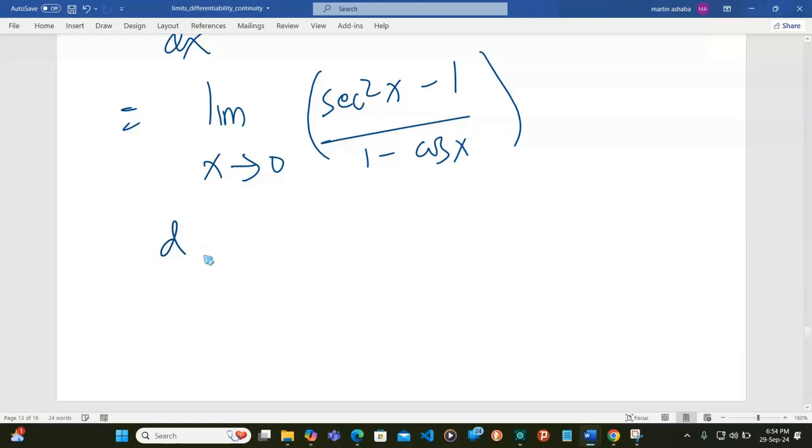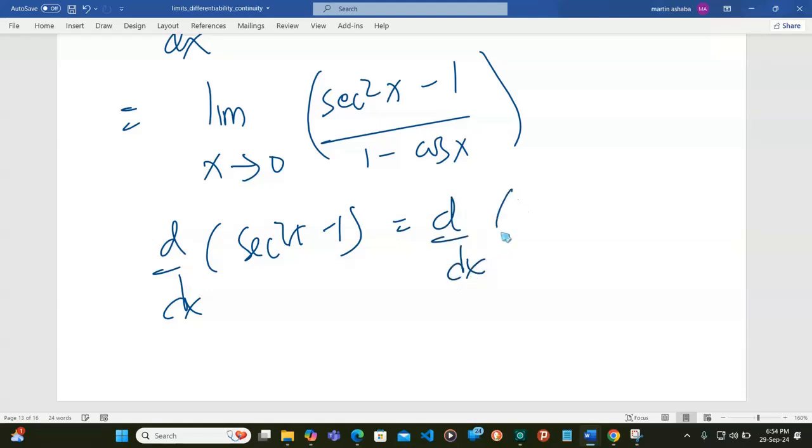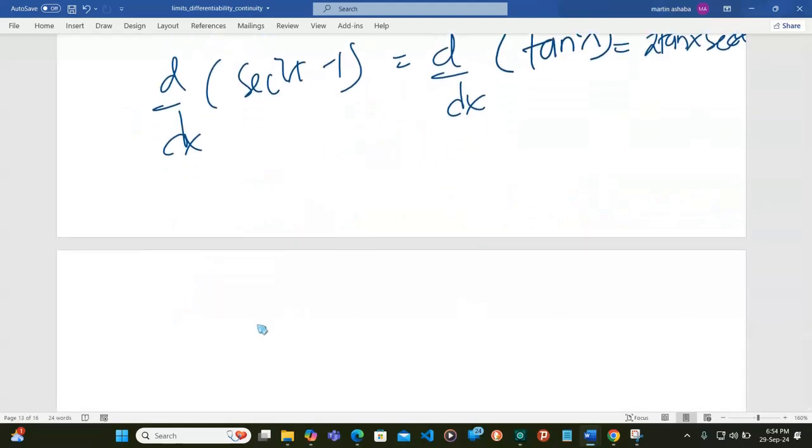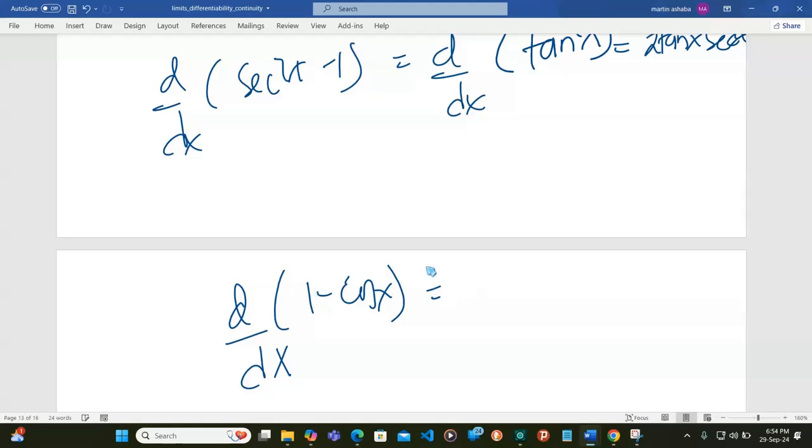Differentiating sec squared x minus 1 is the same as differentiating tan squared x, and this is the same as 2 tan x sec squared x. What about differentiating 1 minus cos x? This is the same as positive sine of x.